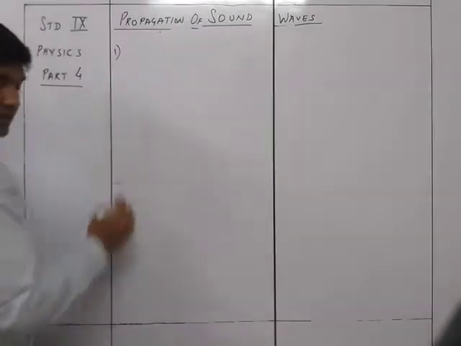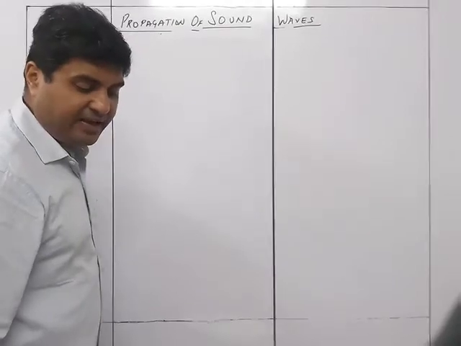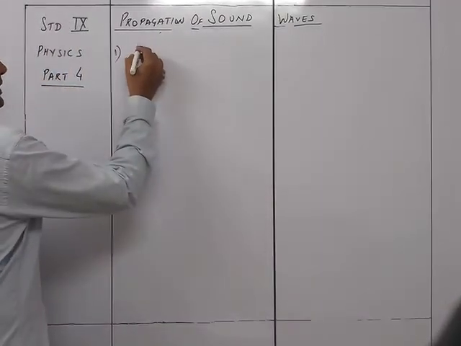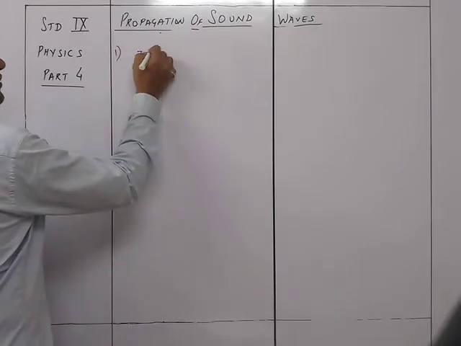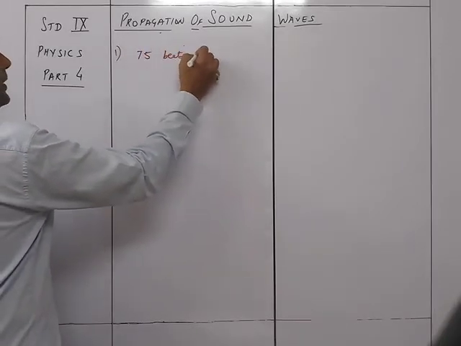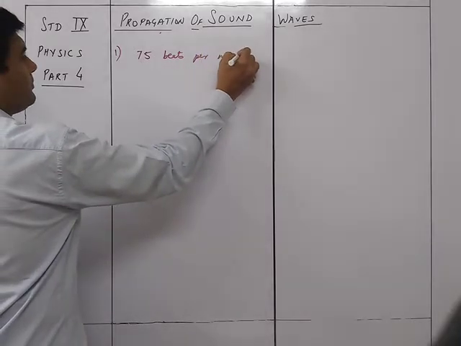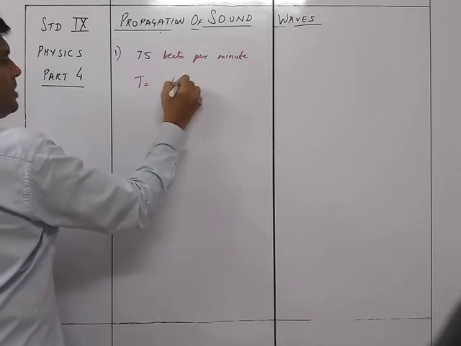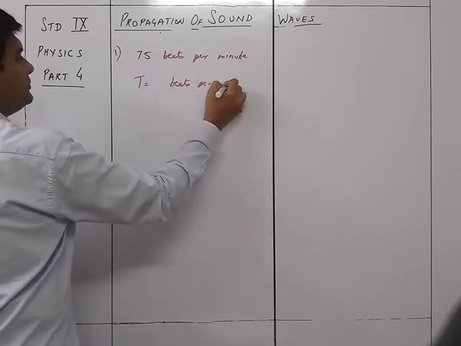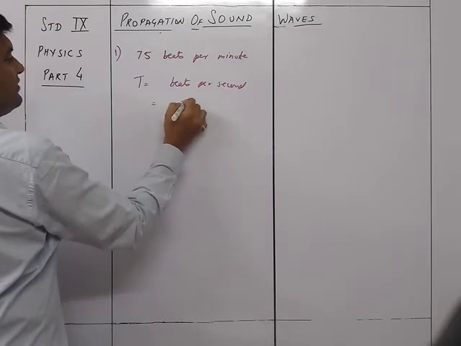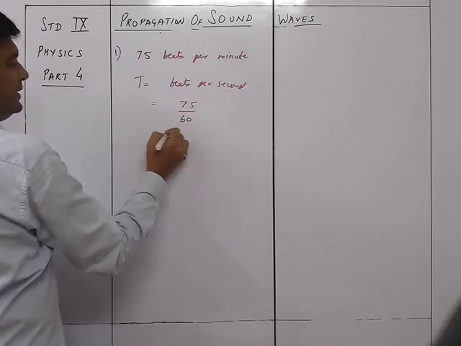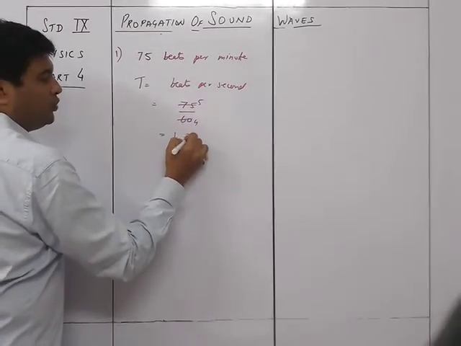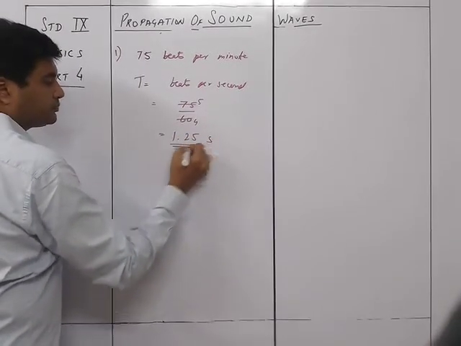The heart of a man beats 75 times a minute. What is the frequency and time period? So you know over here that it is 75 beats per minute. So time period is equal to beats per second, which is 75 upon 60. 15 fours and 15 fives, so it will be 1.25 seconds.